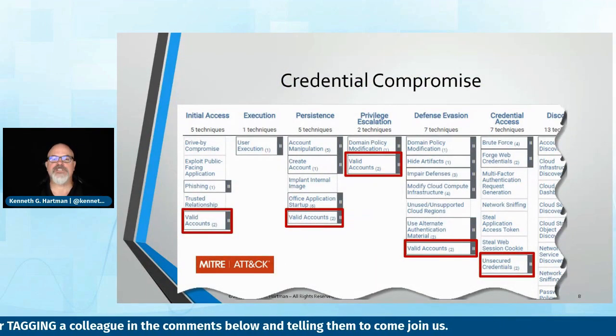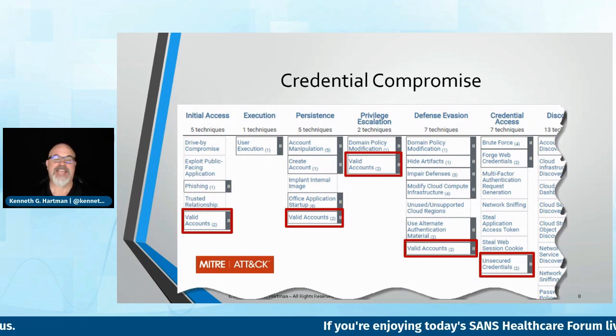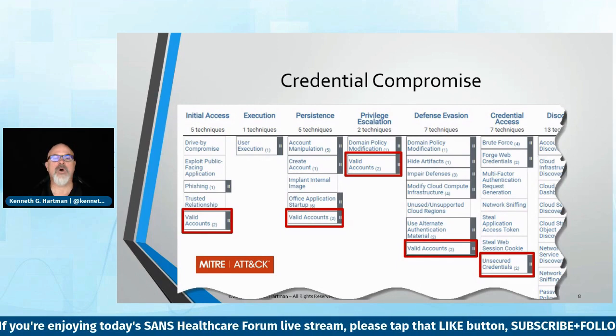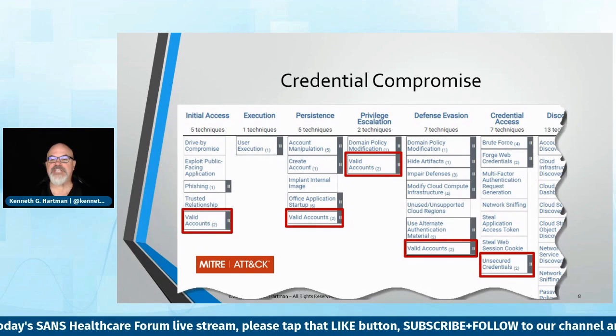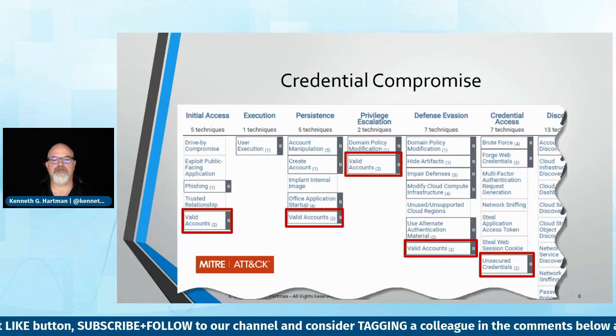The other concern is credential compromise. When legitimate credentials are compromised, it becomes very hard to differentiate the activities of a bad actor and the victim user who's being impersonated. Now, multi-factor authentication definitely helps, but attackers are continually working on ways to circumvent MFA as well.